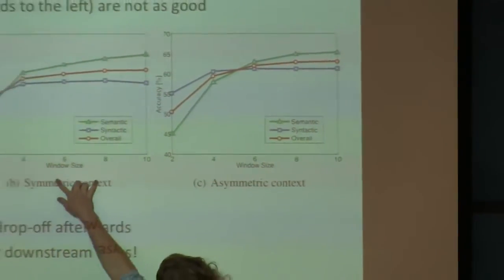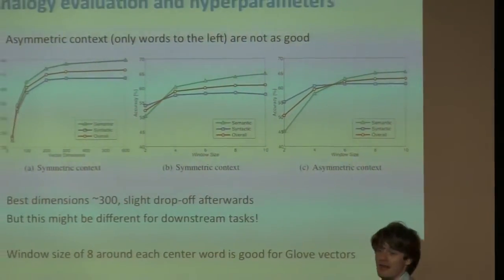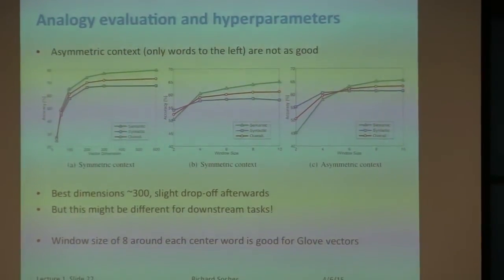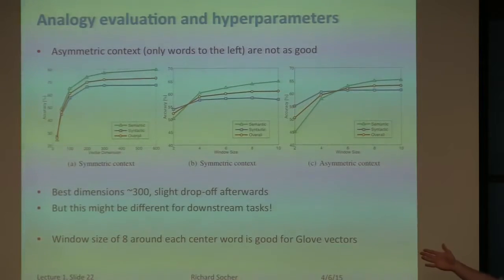One hyperparameter that the glove model and the skipgram model have in common is the window size. So how many words to the left and how many words to the right do you try to predict from the center word? And here we again observe that roughly for the overall numbers, around 8 or so basically plateaus. And then for more, you don't really gain something, but of course it's a lot slower, so you'd prefer to use the smaller window size.